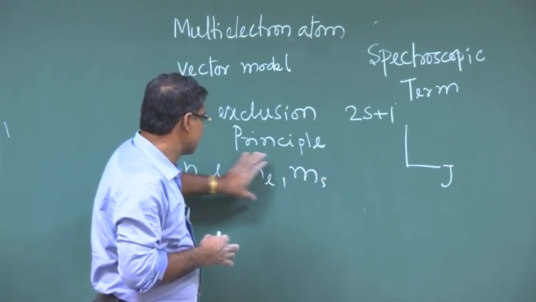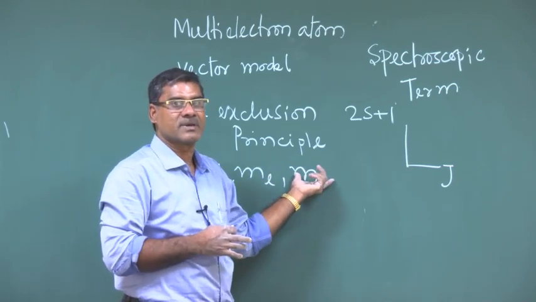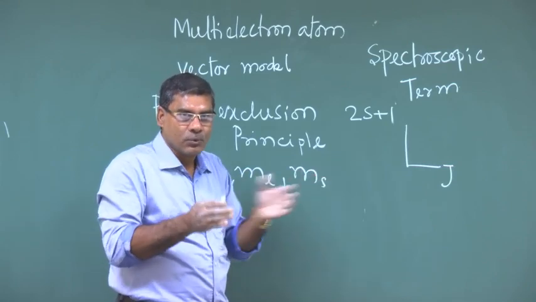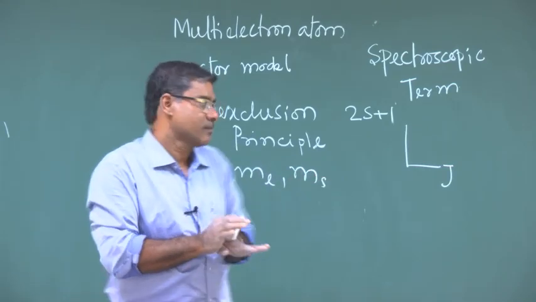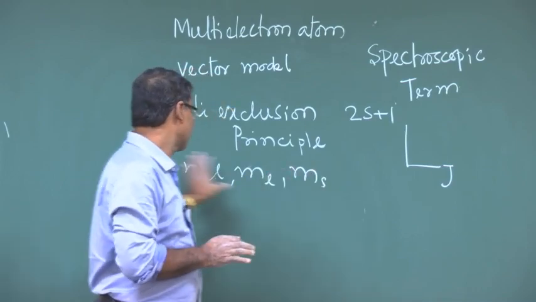They can have three of these the same, but the other one has to be different. No two electrons can have the same values of these four quantum numbers.